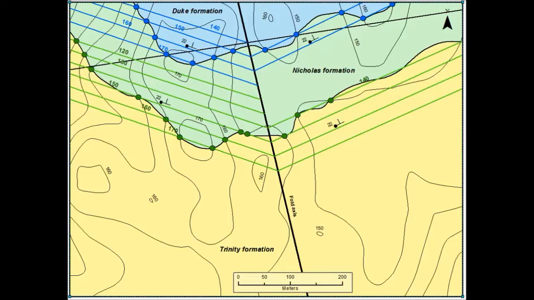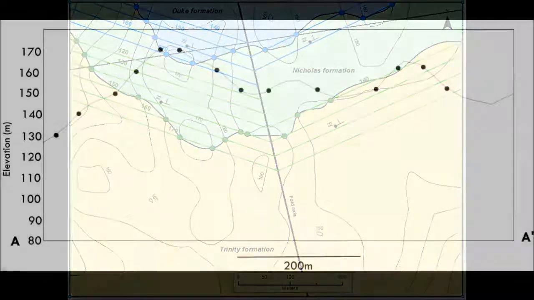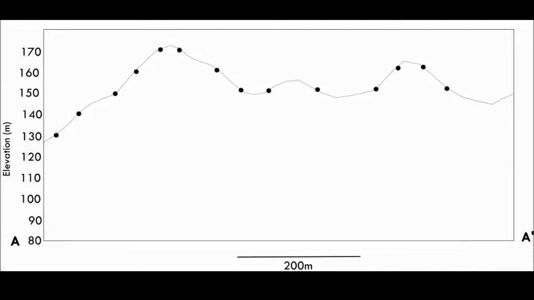It crosses a different contact down here, and it crosses the fold around here. If we come back to our cross section, we can mark those points on as well. We've got these 2 points here, which is where our profile is going to cross where the blue unit comes out of the ground. We've got a point down here for that green contact, and we've got our fold here.